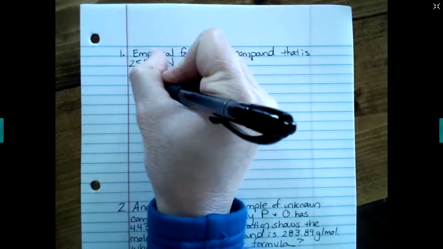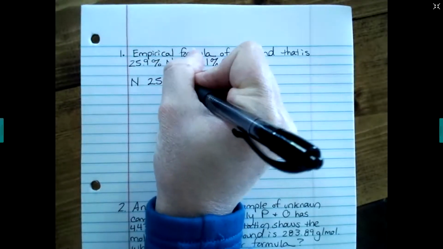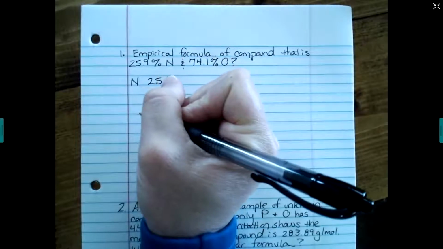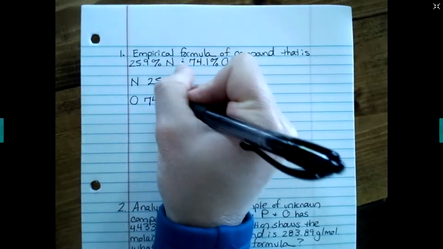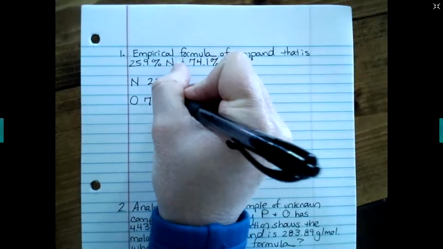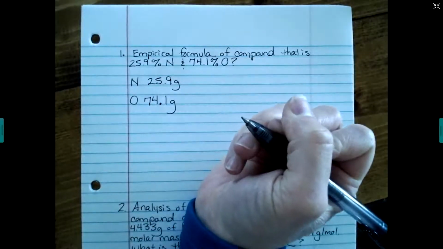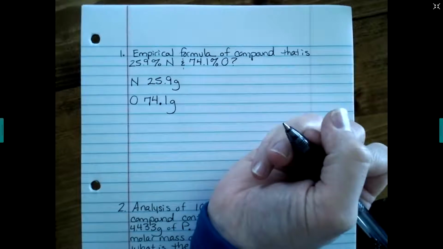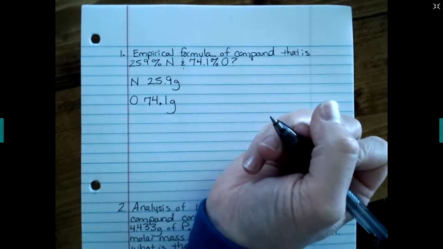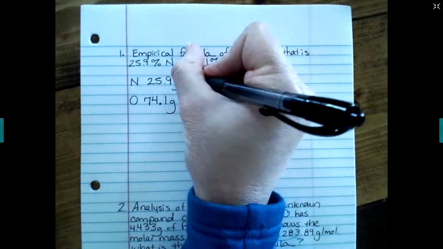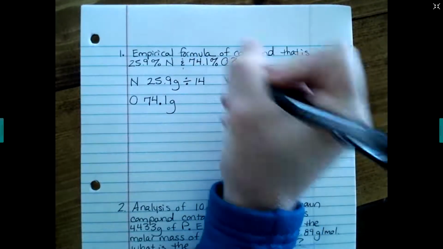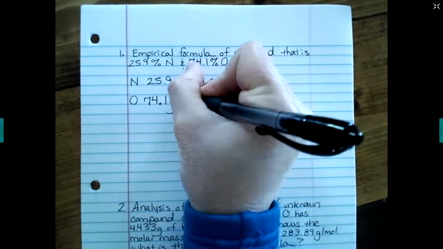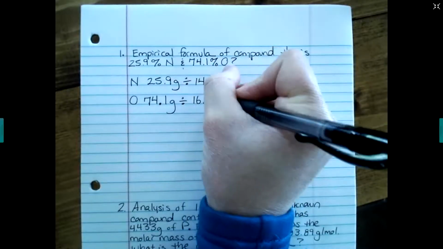So for nitrogen, I'm going to write 25.9 grams. For oxygen, I'm going to write 74.1 grams. Now we need to convert both of these into moles by dividing by the molar mass. So for nitrogen, the molar mass is going to be 14, and for oxygen, the molar mass is going to be 16.